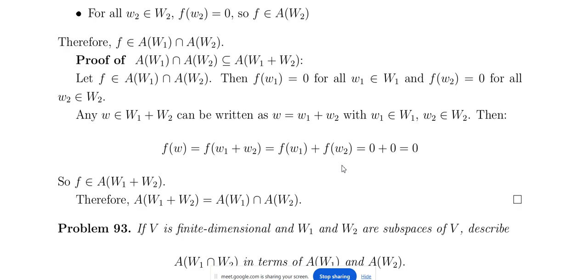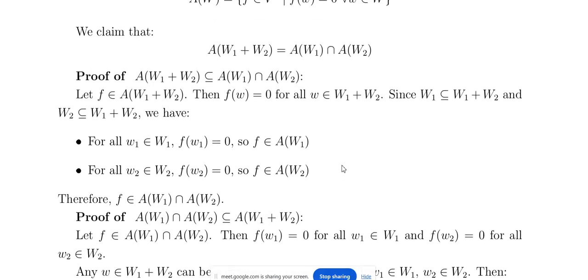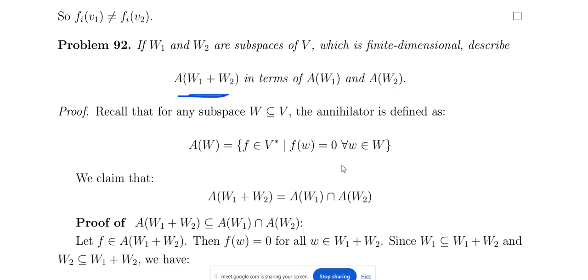Here we can easily prove that A of W1 plus W2 equals A of W1 intersection A of W2.